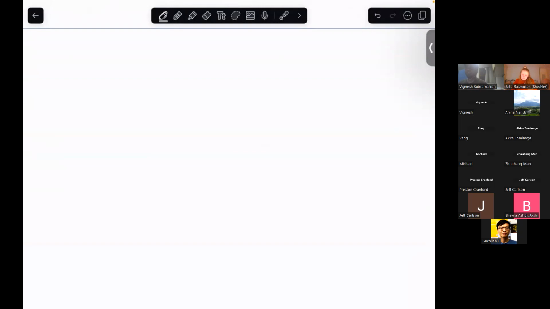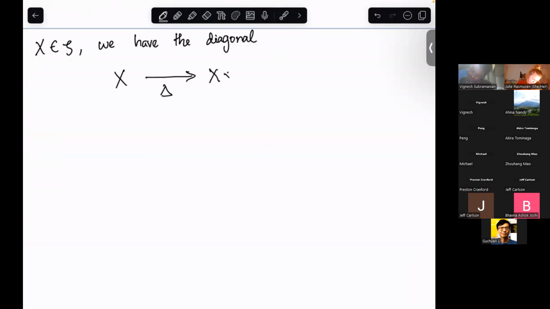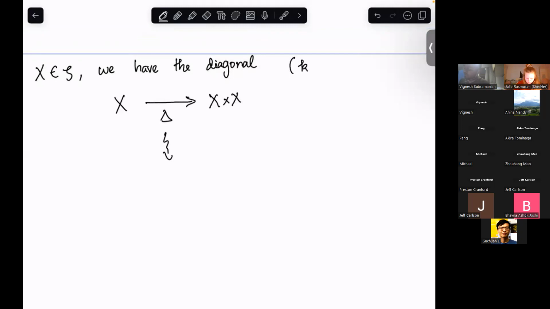So let me get into, I mean, that's enough motivation or set up for what we are going to deal with. So let's start with, when X is a space, by a space I mean a homotopy type, we have the diagonal map. And we will also have, for today's talk, K is a field of characteristic 2.